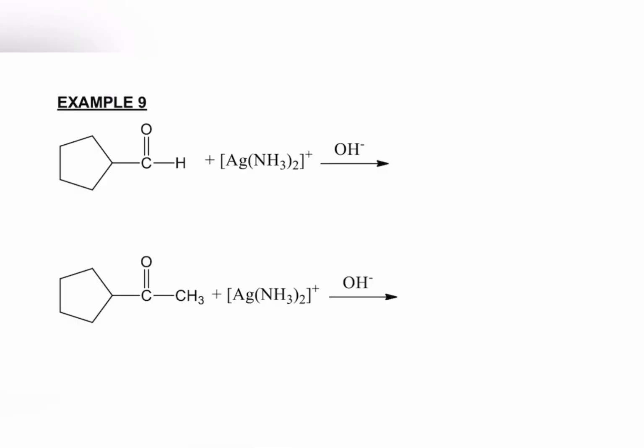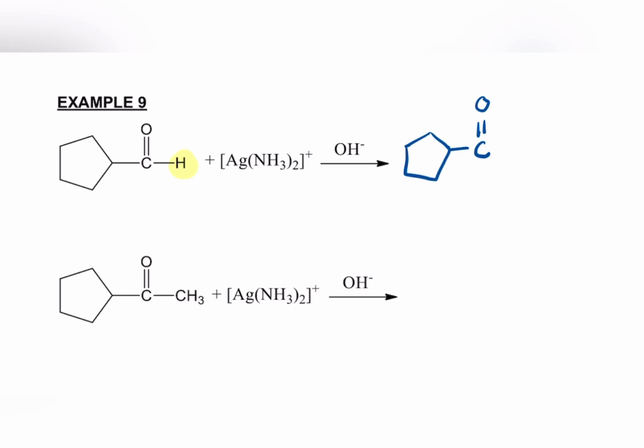Let's try a few examples here of how you form the product when you have this reaction, your aldehyde. So this hydrogen will react with Tollens reagent here. And what's next? You are going to make all the substituents stay as they are. So I have my cyclic group here attached to the carbonyl carbon.